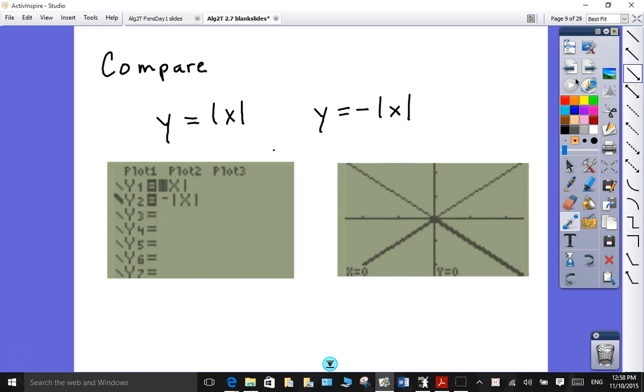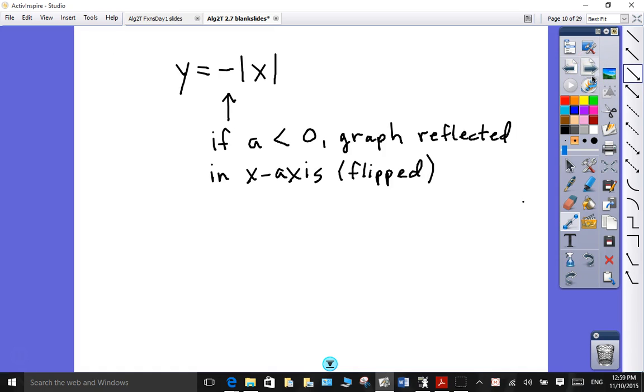It's the same V. The only thing that's changed is the vertex is in the same spot. Now the left side of the V has the positive slope, and the right side of the V has the negative slope. I think the next slide will show you that.